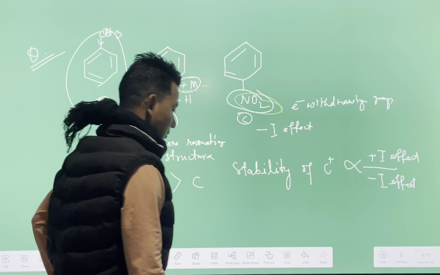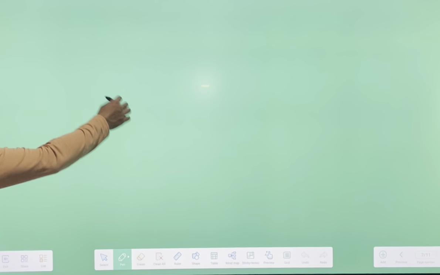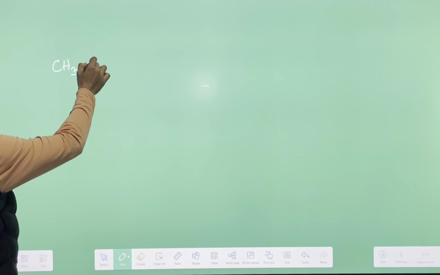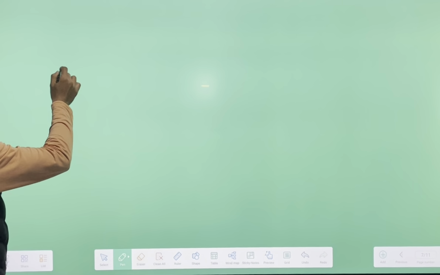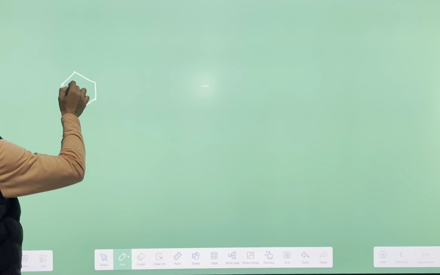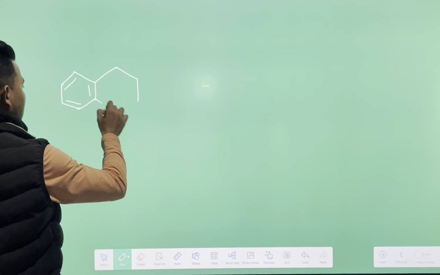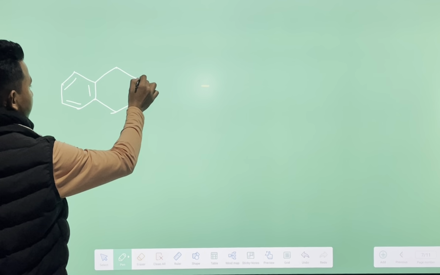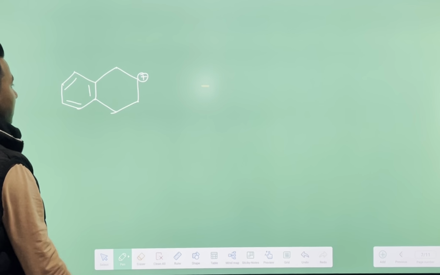Then let's take another example. This is a carbocation.